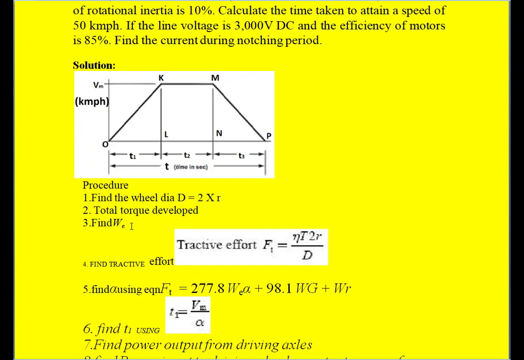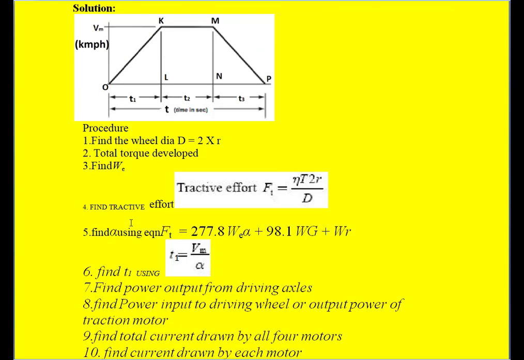Then we find the effective weight, and then we find the tractive effort, that is force, at the driving axle using the equation Ft is equal to eta gamma T divided by D. Then find alpha using the equation Ft is equal to 277.8 We alpha plus 98.1 Wg plus W into R. And from the trapezoidal speed time curve, for the acceleration period we know the relation alpha is equal to Vm by T1, where Vm is the maximum speed and T1 is the accelerating period.